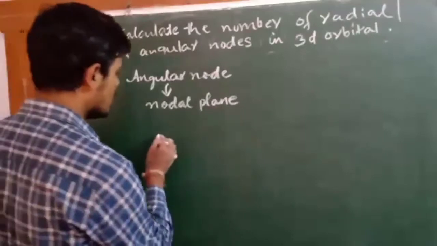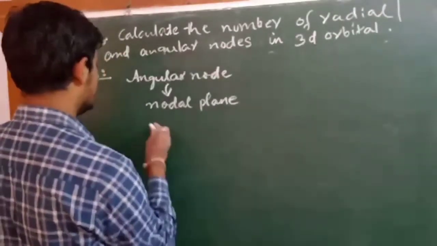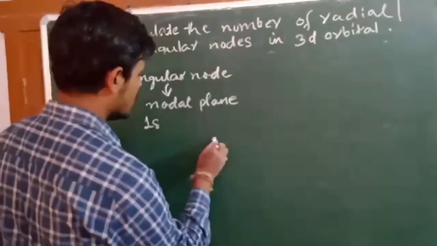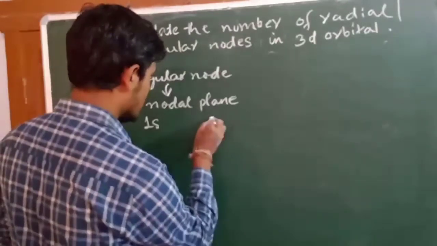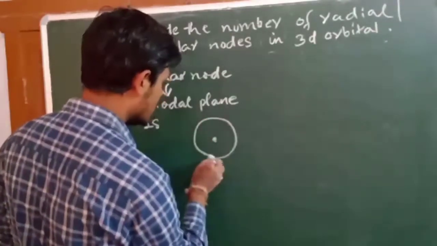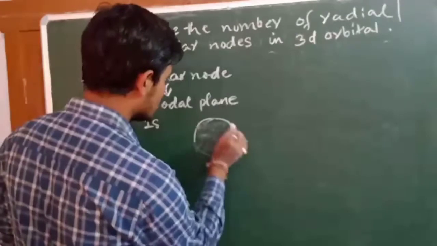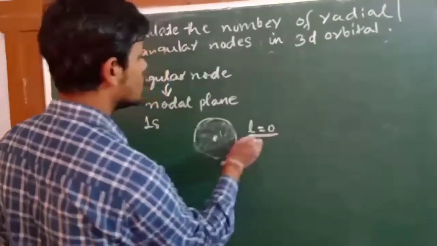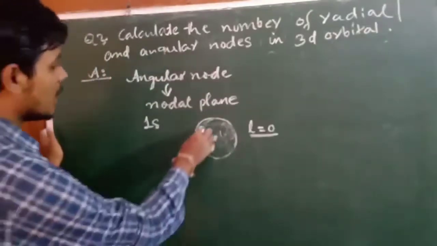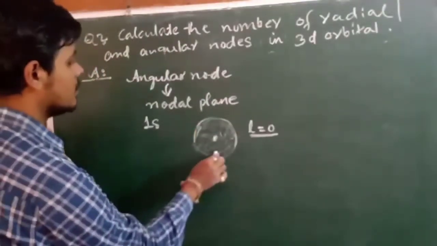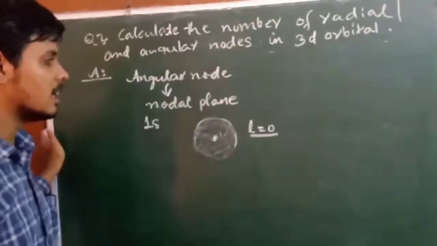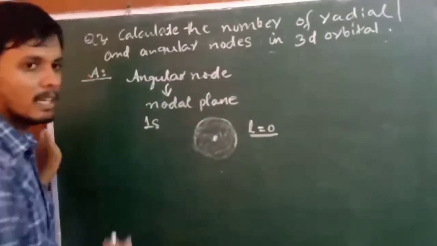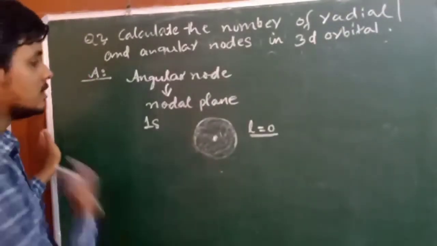For example, if I consider the 1s orbital, the 1s orbital has electron density around the nucleus, so l equals 0. That means there are no angular nodes. So I cannot consider any plane in this 1s orbital so that I get 0 electron density.